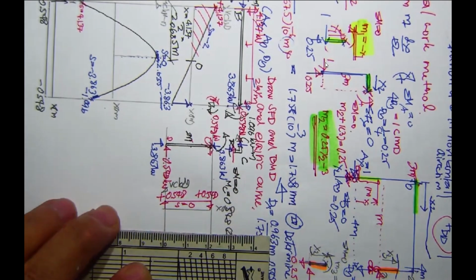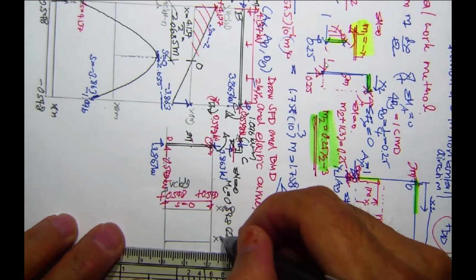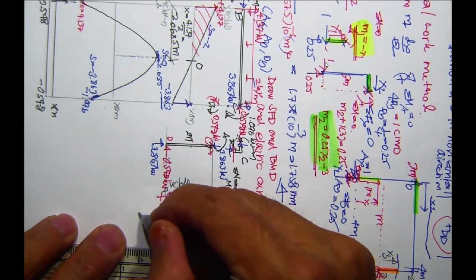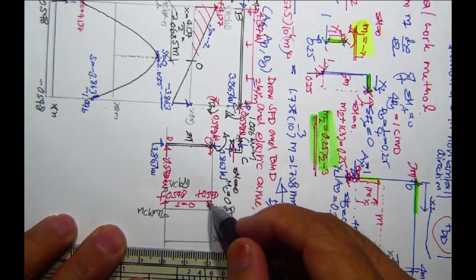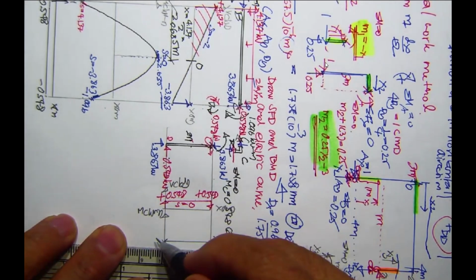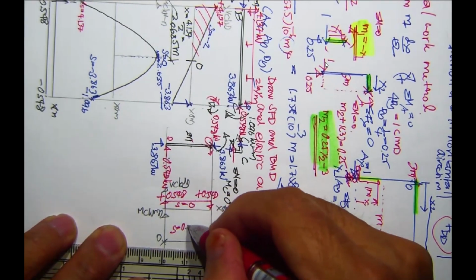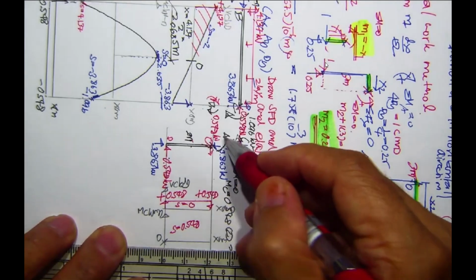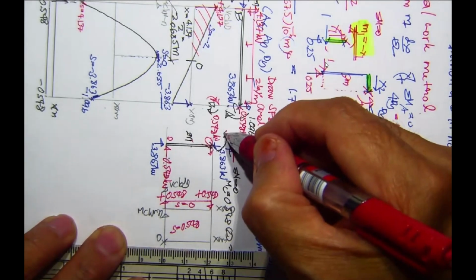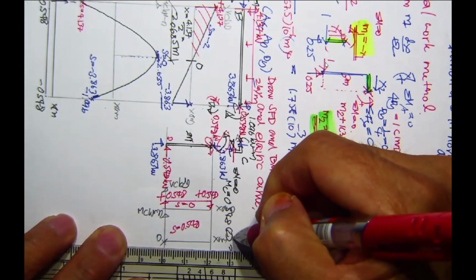For the moment we have X in meters, and M in kilonewton meters. Since shear is positive, with V equal to 0.548, you can be very sure that the moment over here is going to be positive.